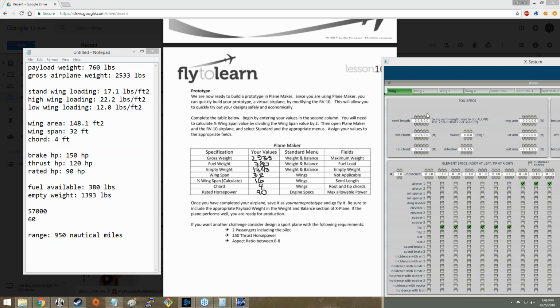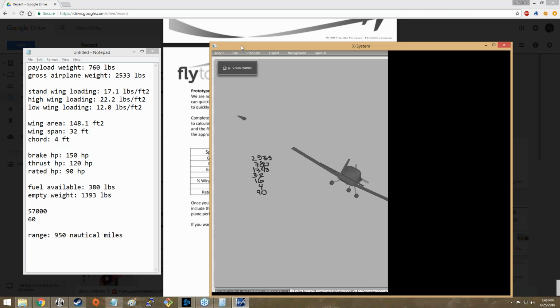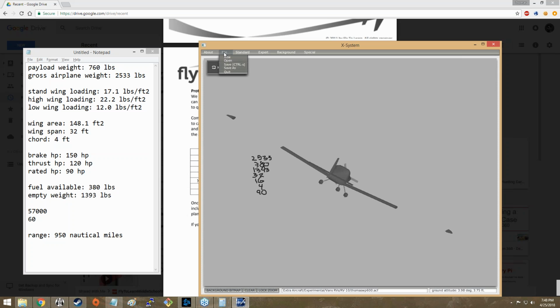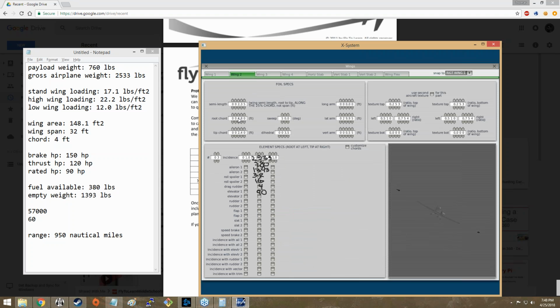Alrighty. I know we ain't got any hands up, but let's get this squared away so that you guys can fly with it. So close that out. Oh my. All right, so we've got an issue here. Let's set the semi-length to 16 on both wings and 4. Nope. That does not fix the issue.